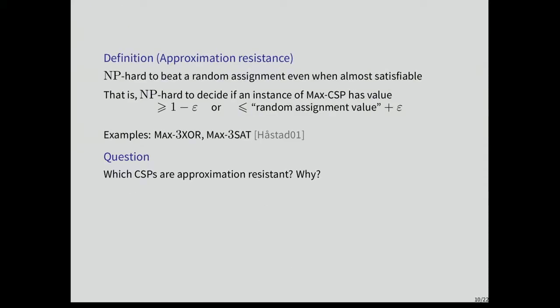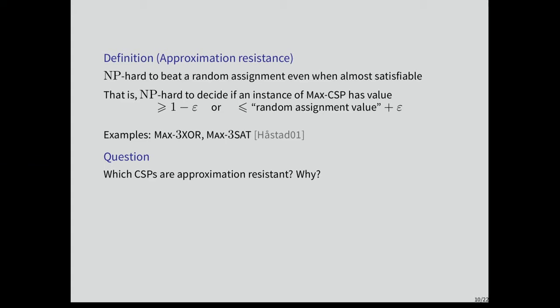One interesting feature about these two CSPs is that they are approximation resistant. It means that even if the instance has an almost perfect assignment that satisfies almost all constraints, it is still hard to find an assignment that is just slightly better than a random assignment.